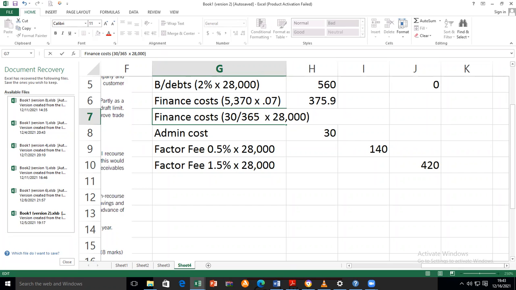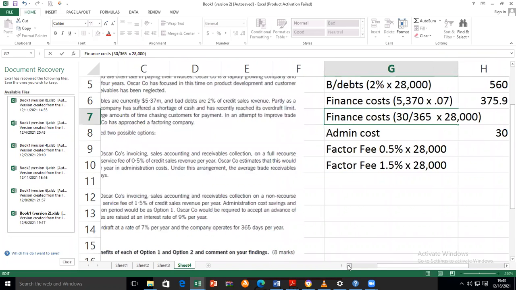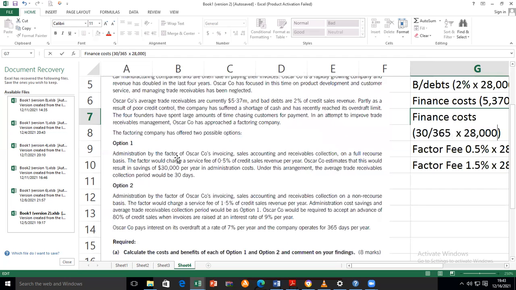So with the factor on option number 1, it doesn't come with a funding. There's no funding here. Funding is in fact on option number 2. Oscar would be required to accept an advance of 80% when invoices are raised.